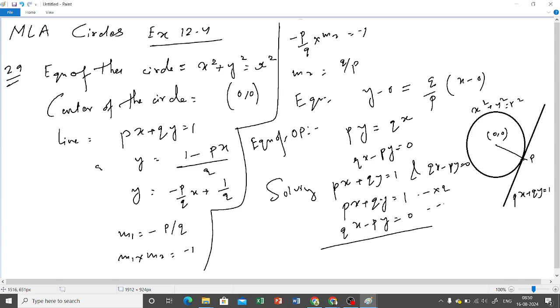Into q, into p. That gives me pq x plus q square y is equal to q, and pq x minus p square y is equal to 0.